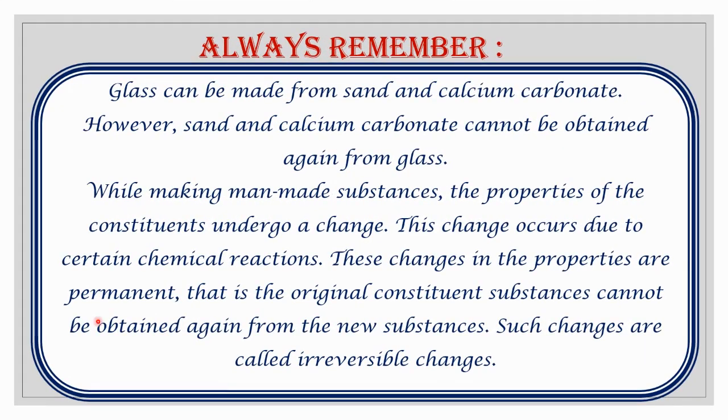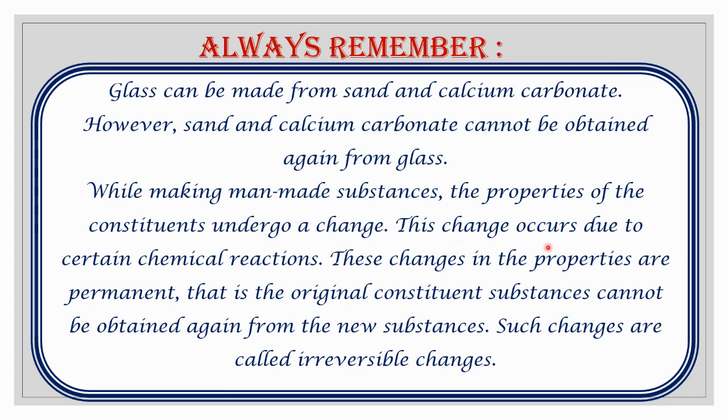Students, always remember that glass can be made from sand and calcium carbonate. However, sand and calcium carbonate cannot be obtained again from glass. While making man-made substances, the properties of the constituents undergo a change.